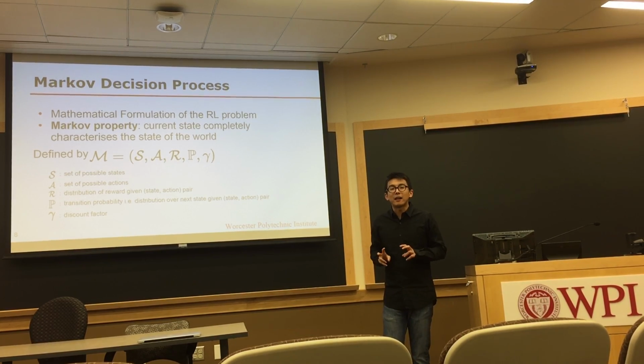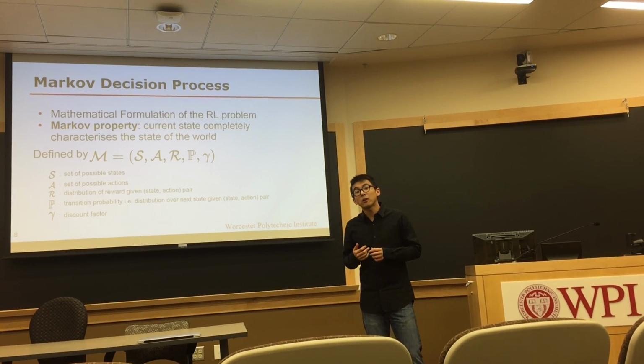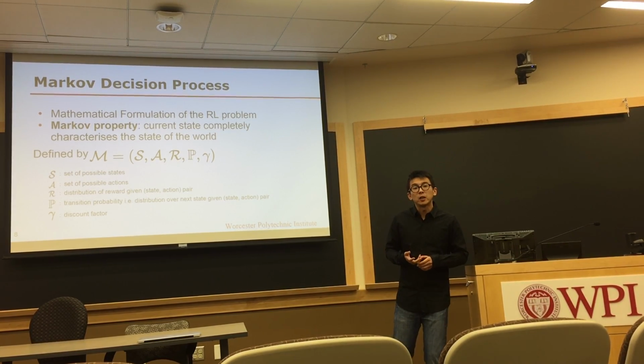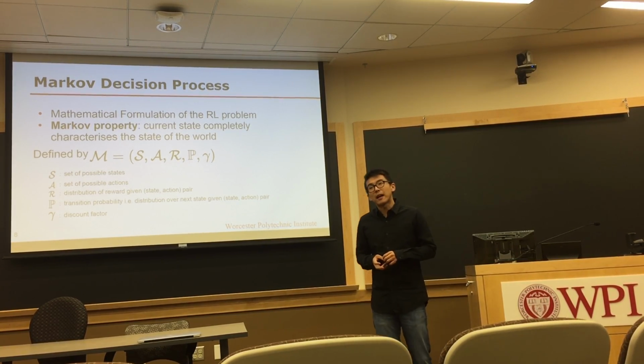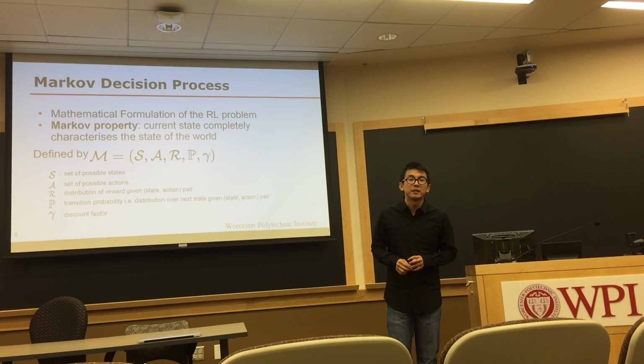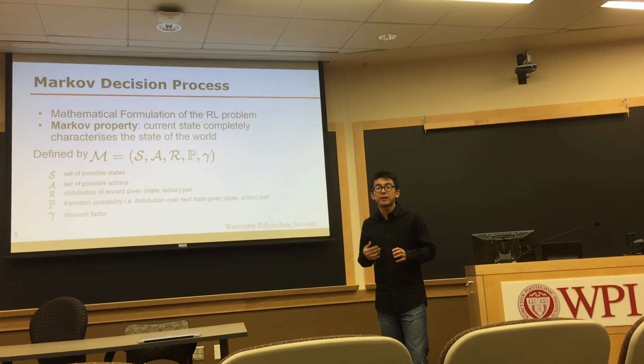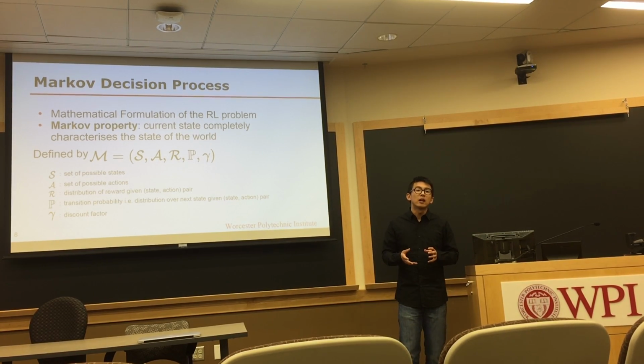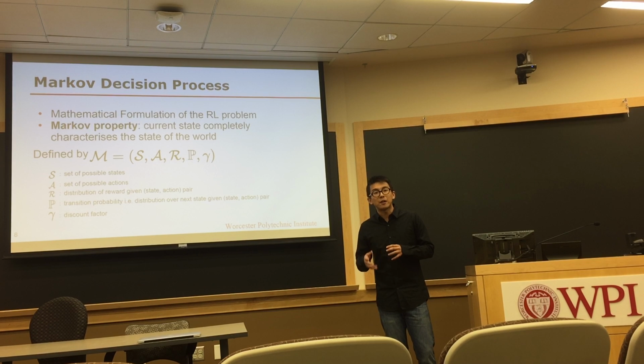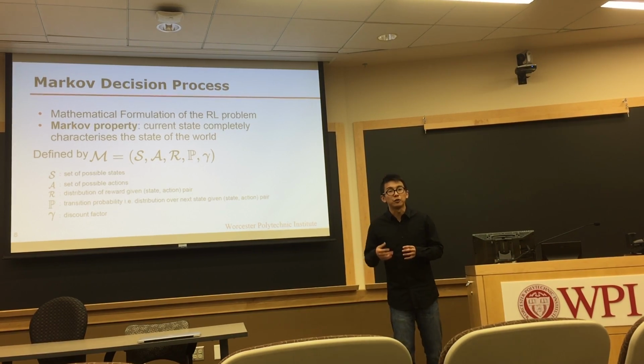It has a very important property called the Markov property, which essentially means that the decision you make only depends on the current state, not on the previous actions you have taken and the states you have gone through. The current state already describes the whole information you need.